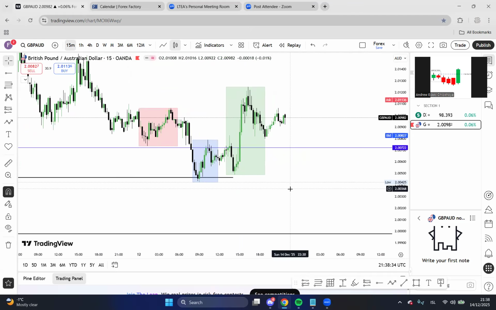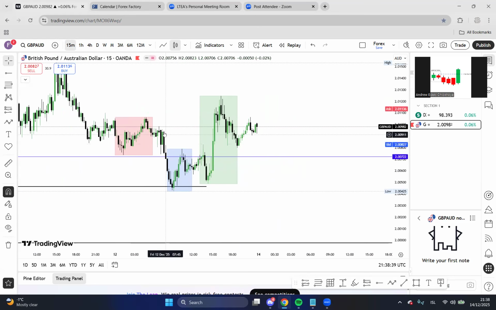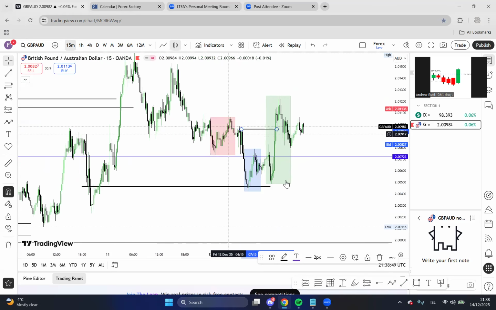At what point did price come to this level? From here, this is the level where price came down here. So you can wait for price to break that level. That confirms a market structure shift to the upside.